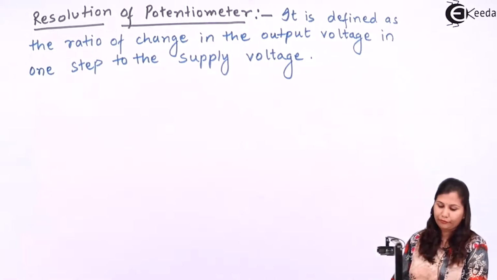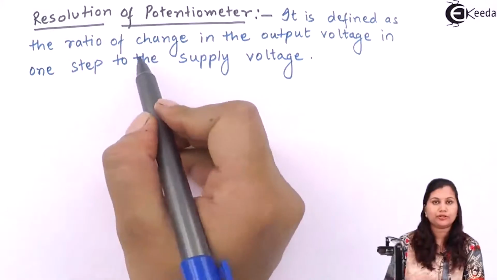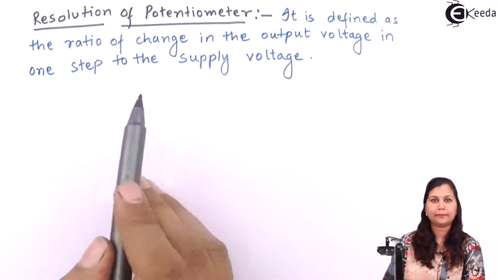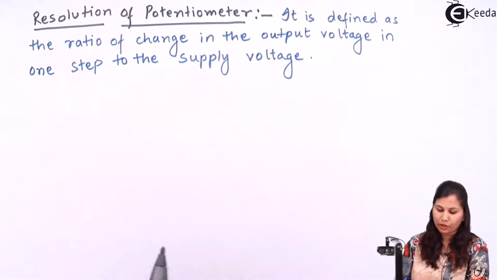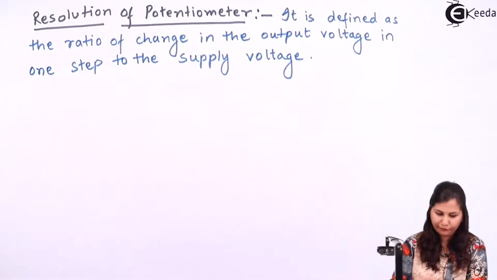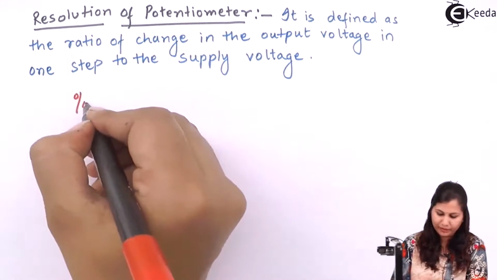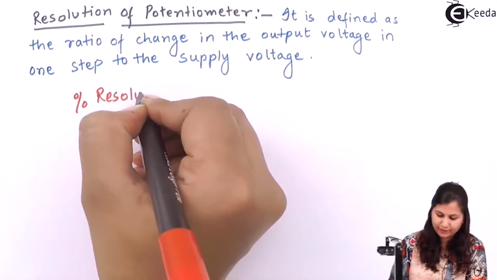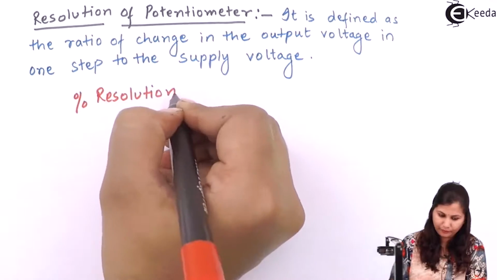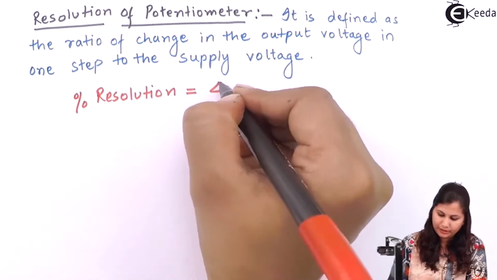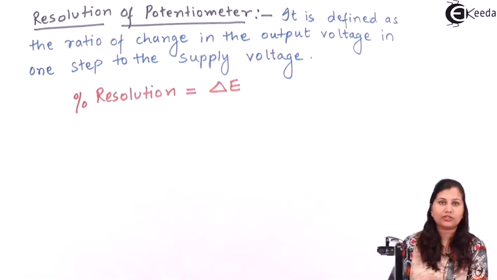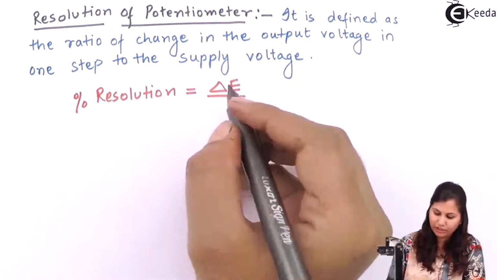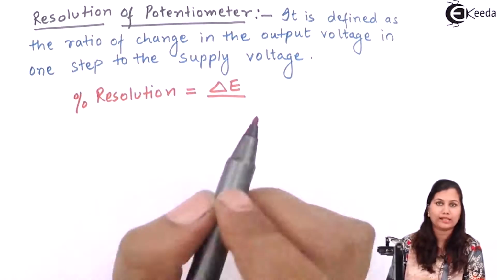Resolution of a potentiometer is the ratio of change in the output voltage in one step to the supply voltage. So if we write the formula for it, the resolution will be in percentage. So percentage resolution is the ratio of the change in the output voltage in one step.